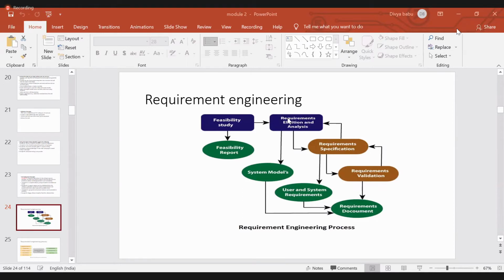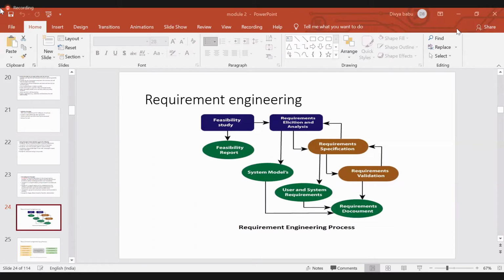So requirement elicitation, what was elicitation? In inception and elicitation, we fix the objective, right? What was the first phase? I just started with the phases, but I did not explain all of them. What are those phases?